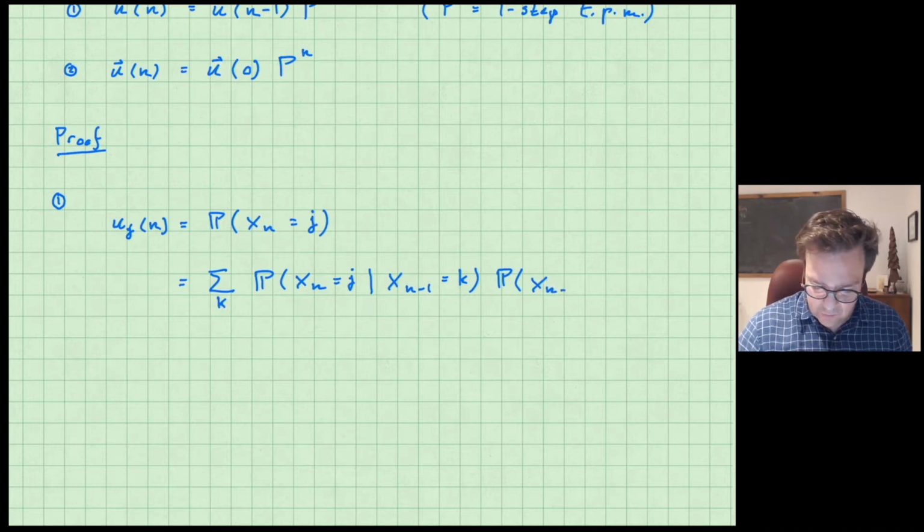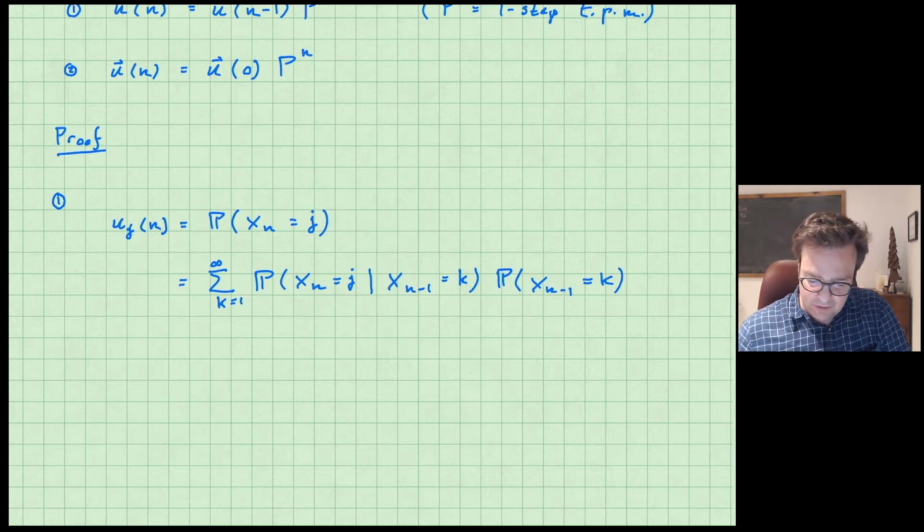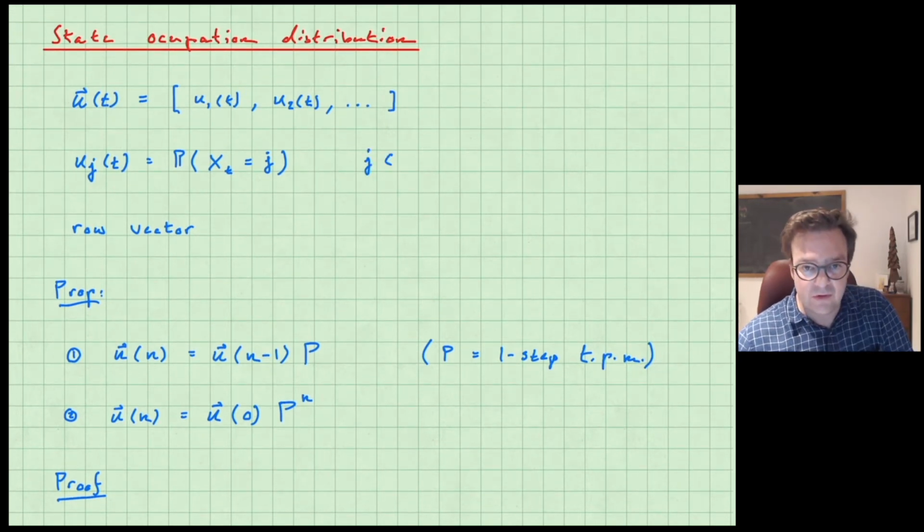And then you sum over all the k's. I'll just put infinity here so we don't have to say how big the state space is. I probably should have modified this as well over here where I say j is in the state space. That's probably relatively obvious, but we should have said that right from the start.